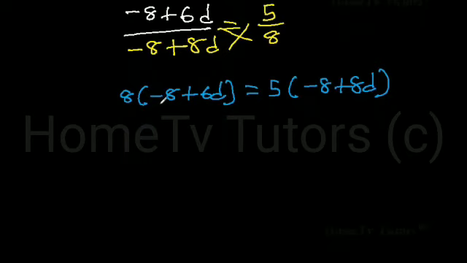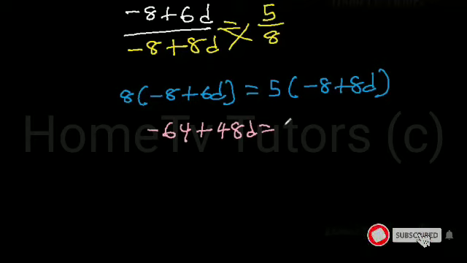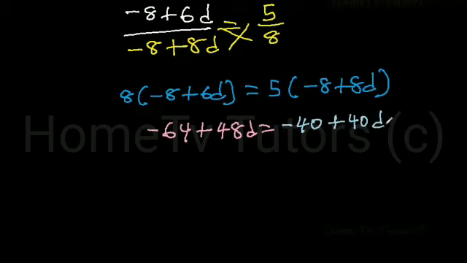So 8 times minus 8 will give us minus 64. 8 times 6d will give us 48d. Then on the right hand side, as we open the bracket as well, 5 times minus 8 will give us minus 40, then 5 times 8d will also give us 40d.